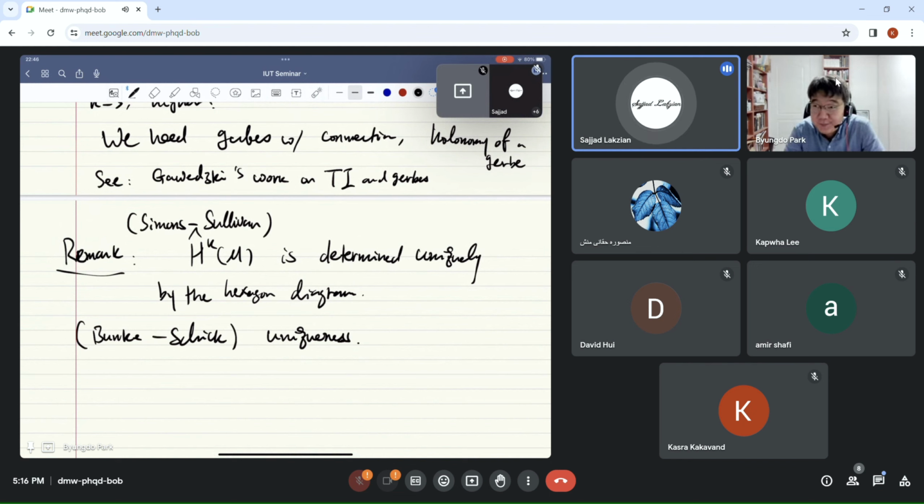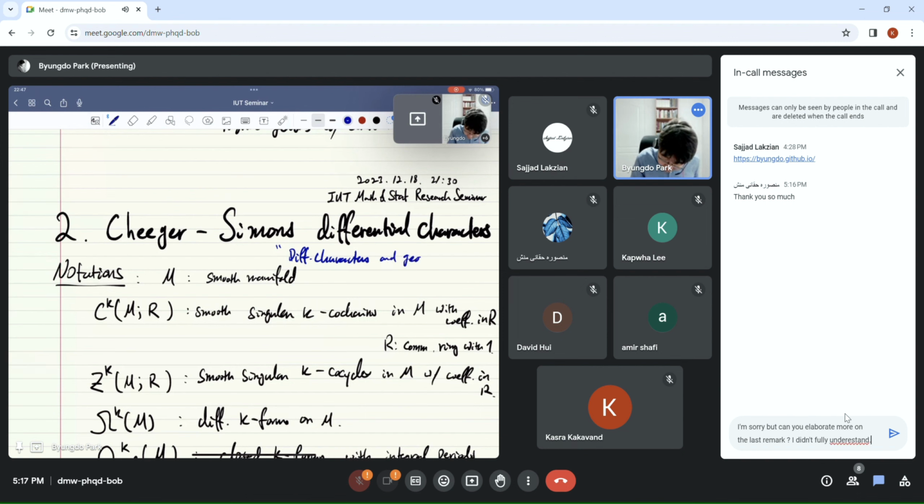And if you look into this Cheeger-Simons paper, I actually didn't mention what the title of this is: Differential Characters and Geometric Invariants.